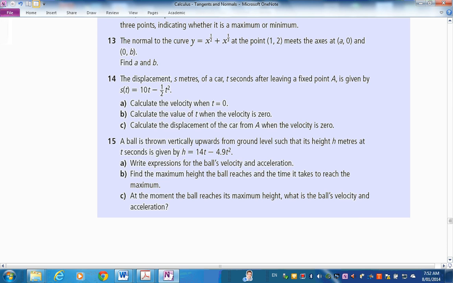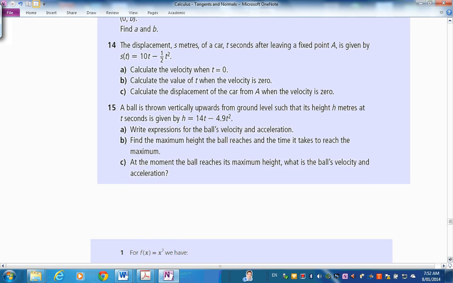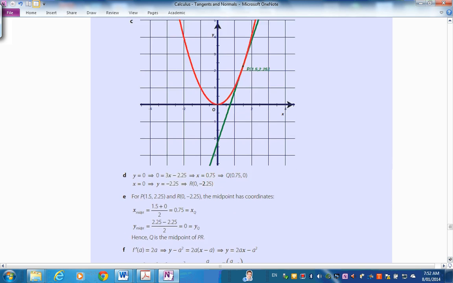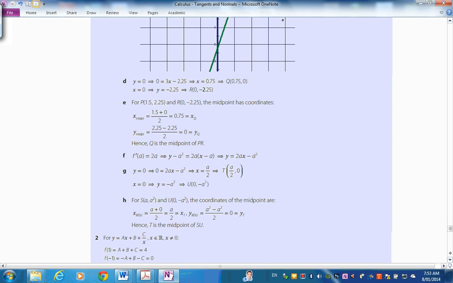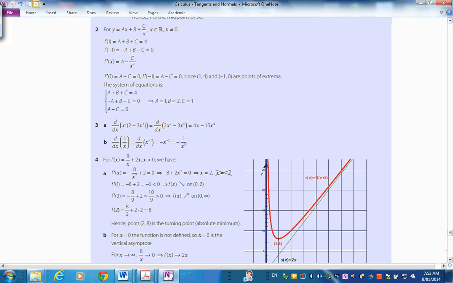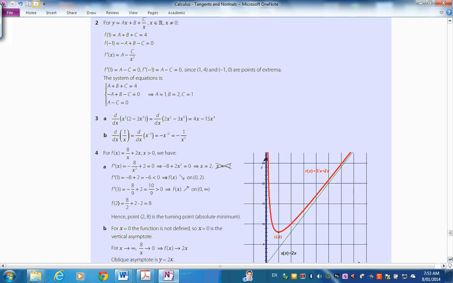Okay, going to our motion problems or kinematics from before. Okay, let's have a look at the solutions now. Okay, 1A, B and C. Have a look at D now. D through H. Let's look at question 2. 2 and 3. Go to question 4.